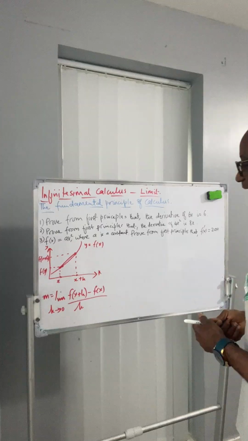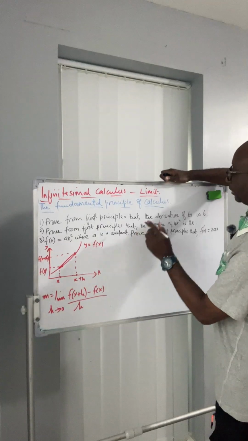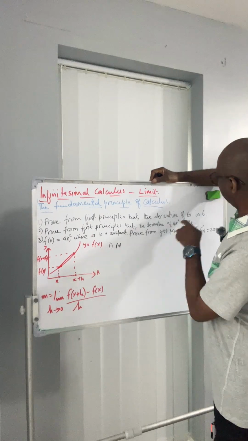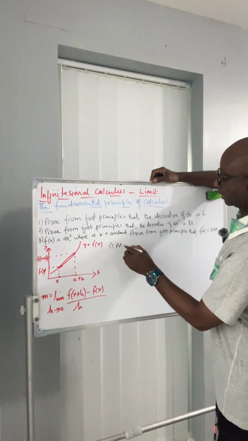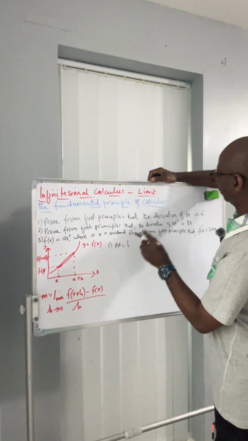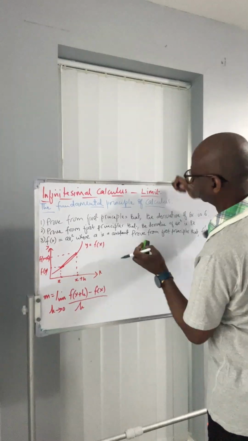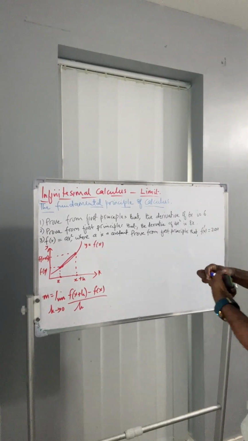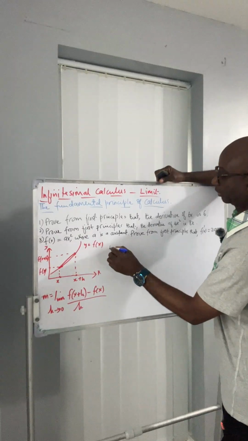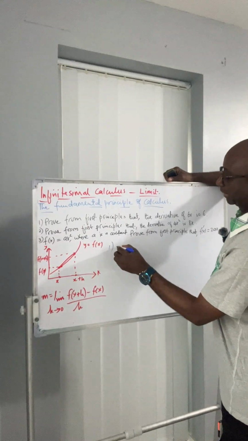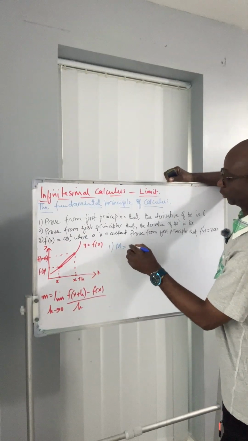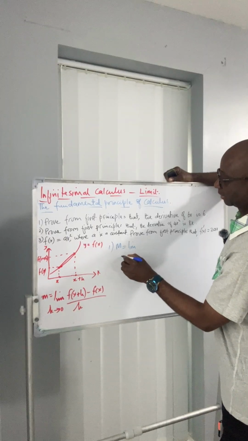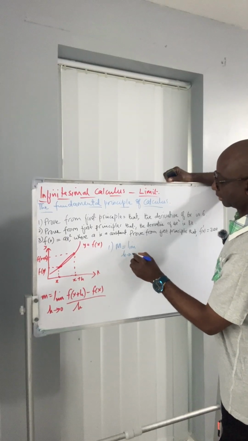Here we are given 6x. So we are looking now at number 1. The gradient m is equal to the limit as h tends to 0.